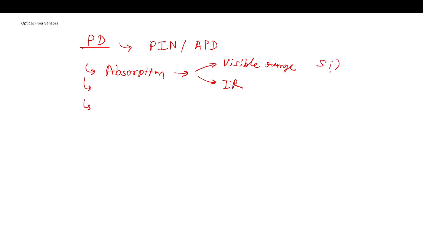Silicon based photodiode is the best photodetector for the visible range, and for IR, indium gallium arsenide. I think you know already. And then it comes to the responsivity.